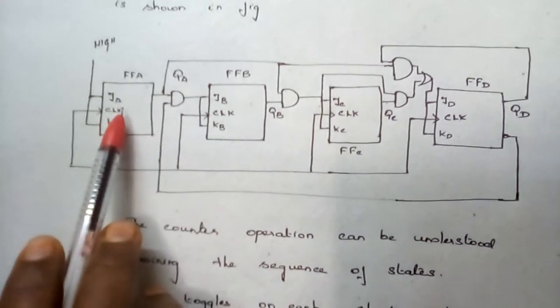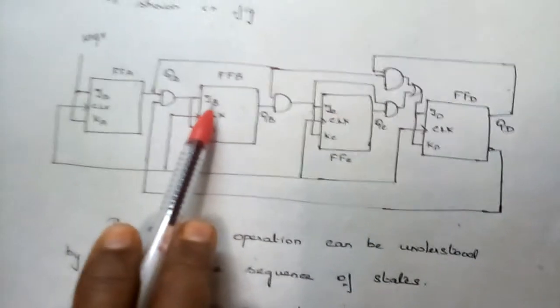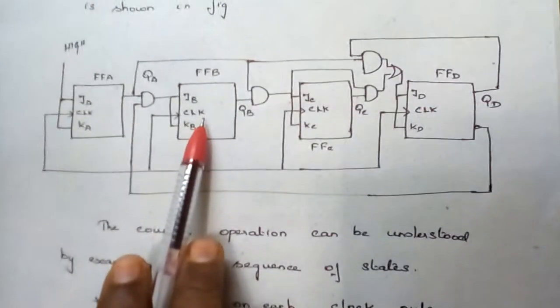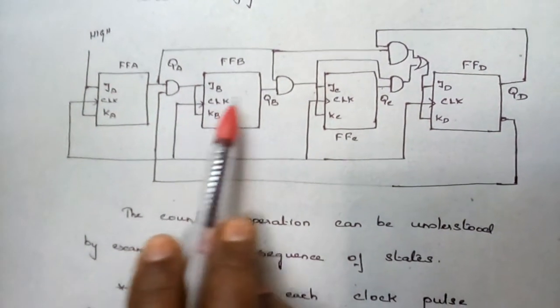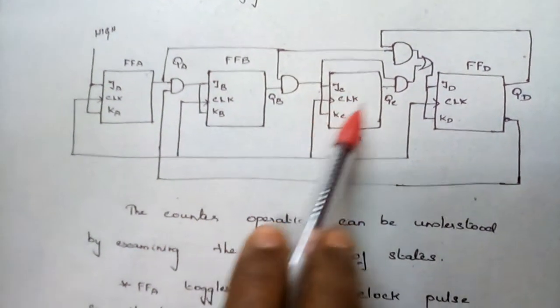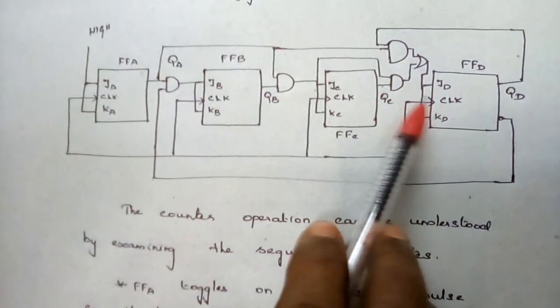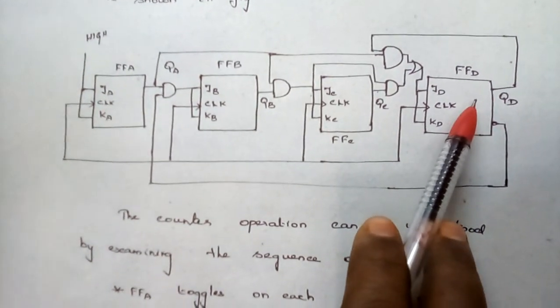The output of the JK flip-flop is ANDed with the AND gate and given as the input of flip-flop B. Flip-flop B is provided with its own clock pulse, and for each flip-flop the outputs are ANDed with the AND gate, and finally the output is given to the fourth flip-flop.